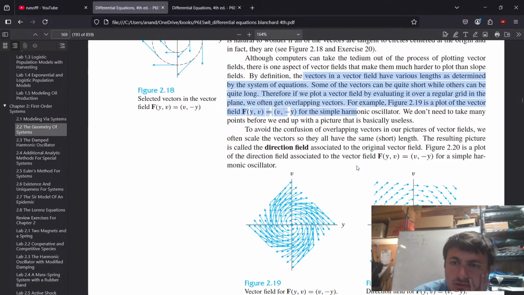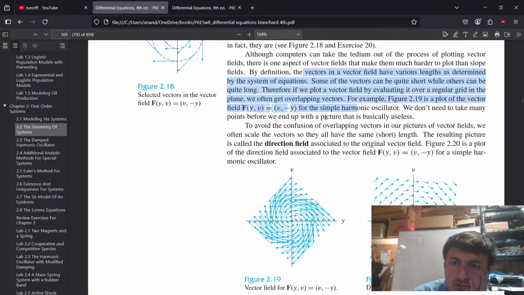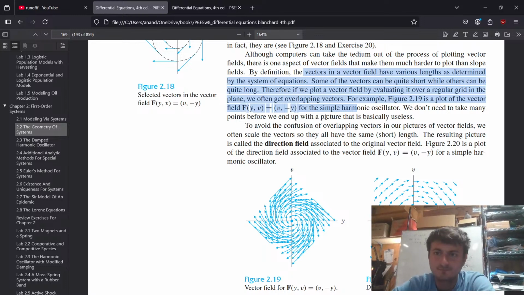Okay, they just introduced this thing called the direction field.